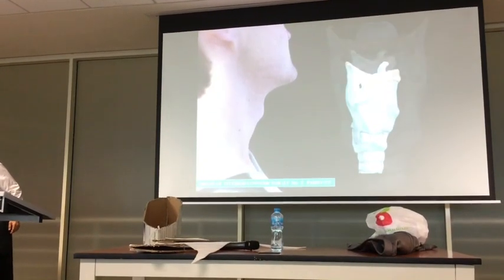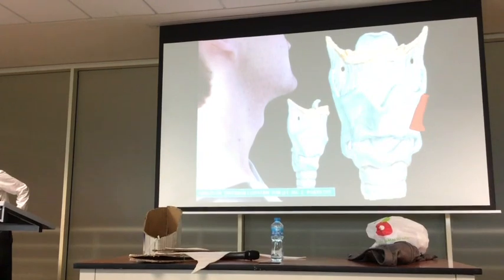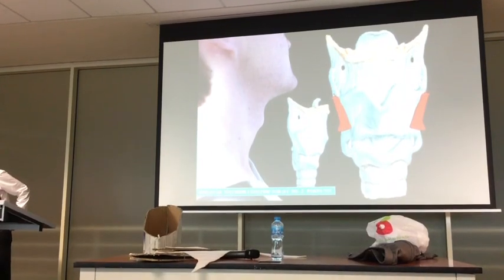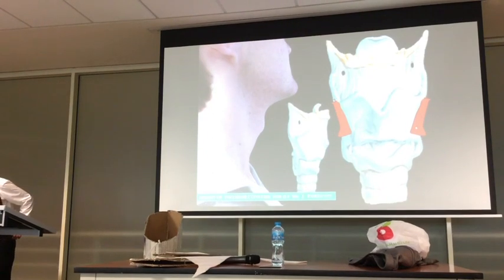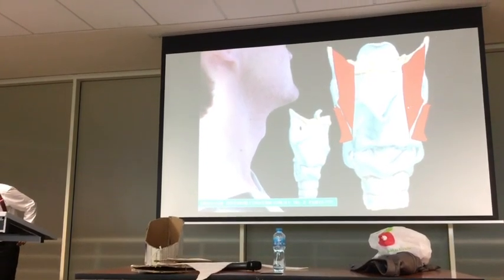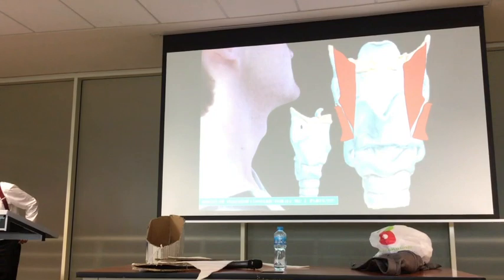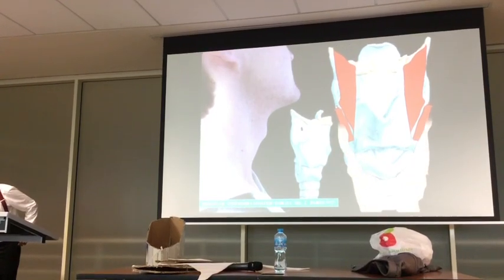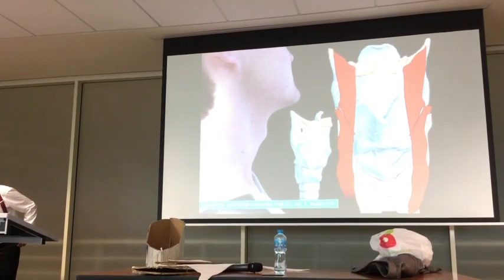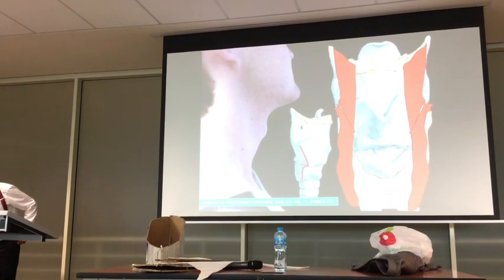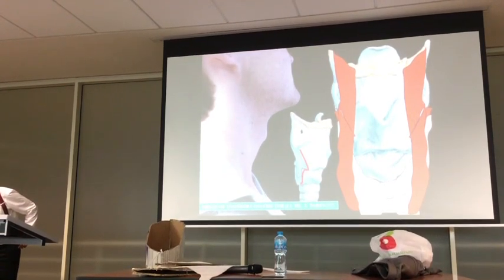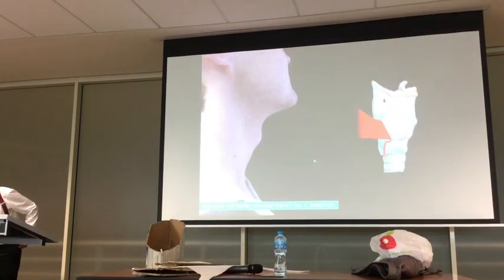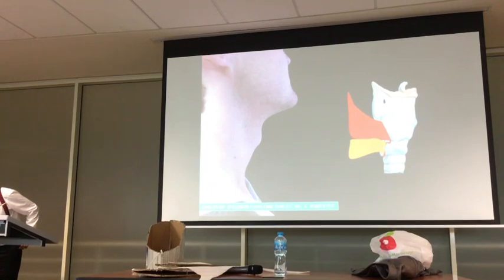Here we are. Look at this. This is the middle constrictor, the inferior constrictor, the thyropharyngeal part. This is thyrohyoid. This is thyroid here. This is sternothyroid. This is the origin of the inferior constrictor, the thyropharyngeal part, and the cricopharyngeus part.